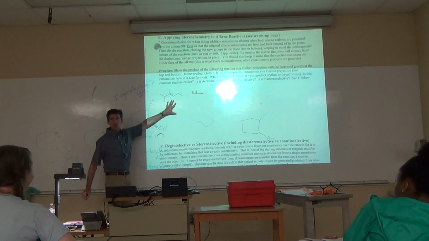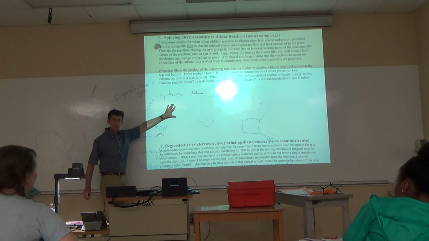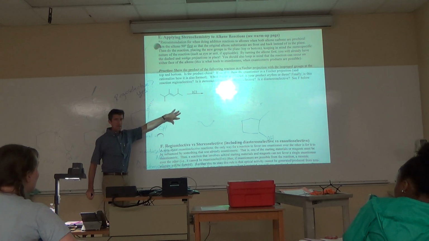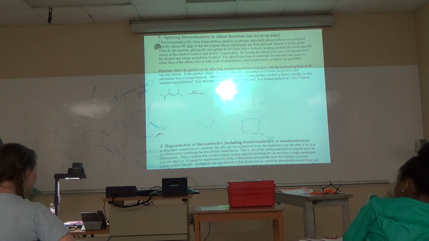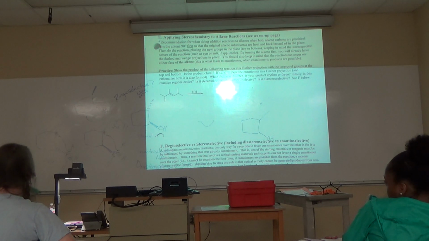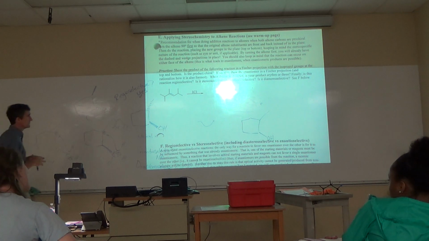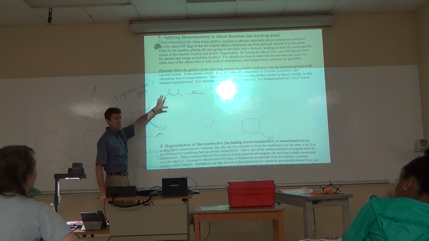Try this one here on your own, though, and answer some of the same types of questions, okay? This type of question is sort of the ultimate here, pulling all of our information together. It will tend to be one of the more challenging questions, but everything's pulled together here. Both the alkene reaction outcome and the stereochemical outcome. Very doable, though, okay?